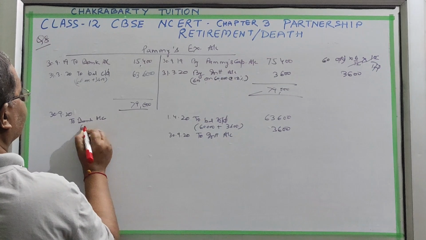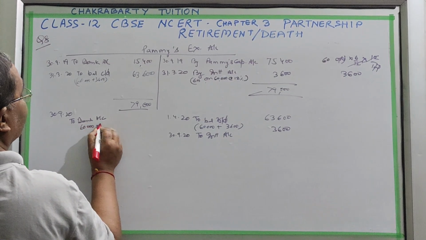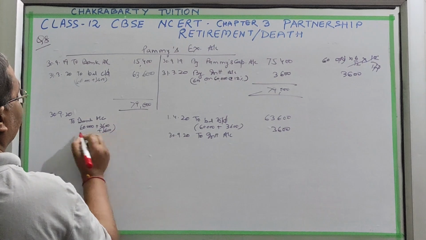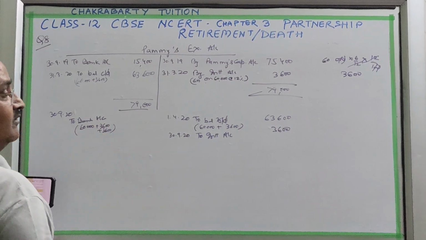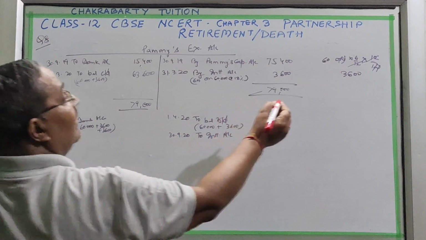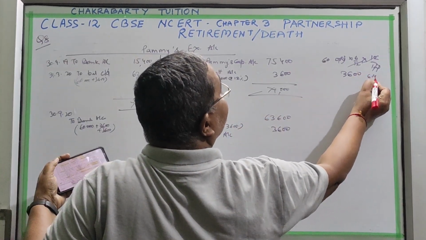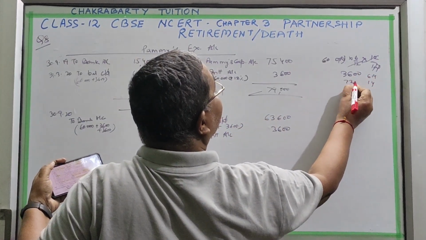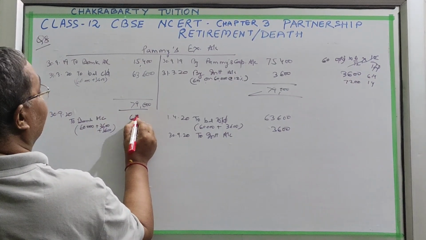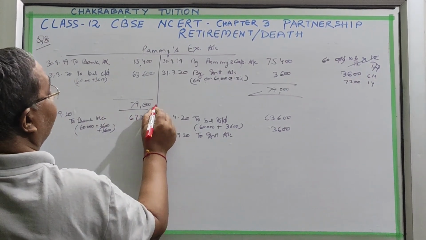We will pay on 60,000 the old 3,600 plus the new 3,600, which means 1 year on 60,000, so it will be 7,200. We will pay 67,200.